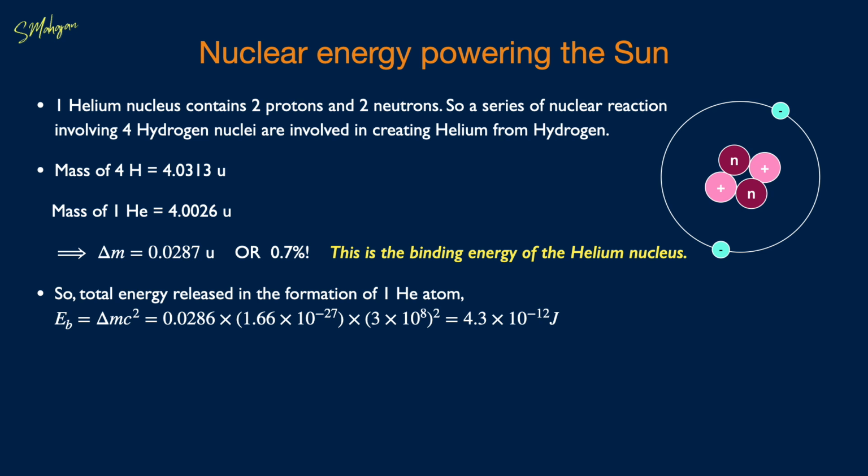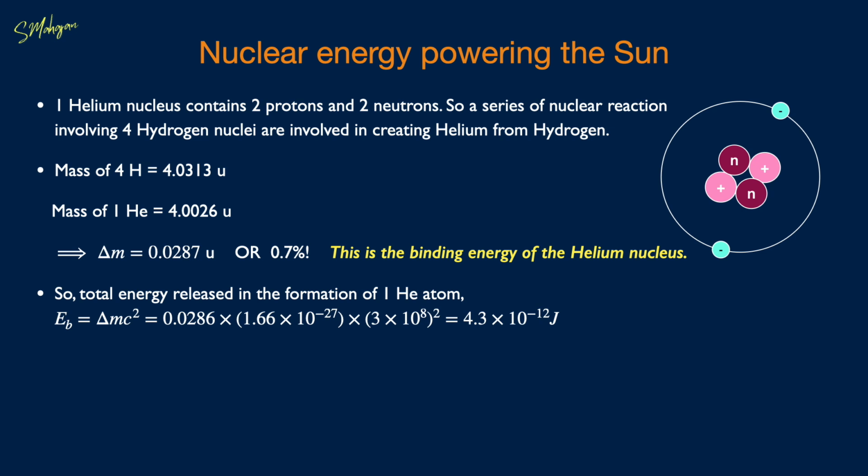Mass of 4 hydrogen atoms is around 4.03 atomic mass units, while the mass of one helium atom is 4 atomic mass units. Taking the difference, one can find that there is a mass difference of around 0.0287 atomic mass units, or about 0.7%. This mass goes into binding the helium atom and hence is called the binding energy of the helium nucleus.